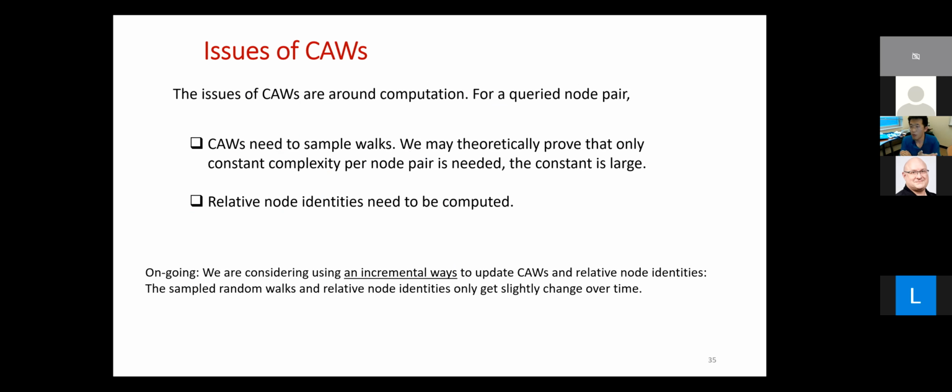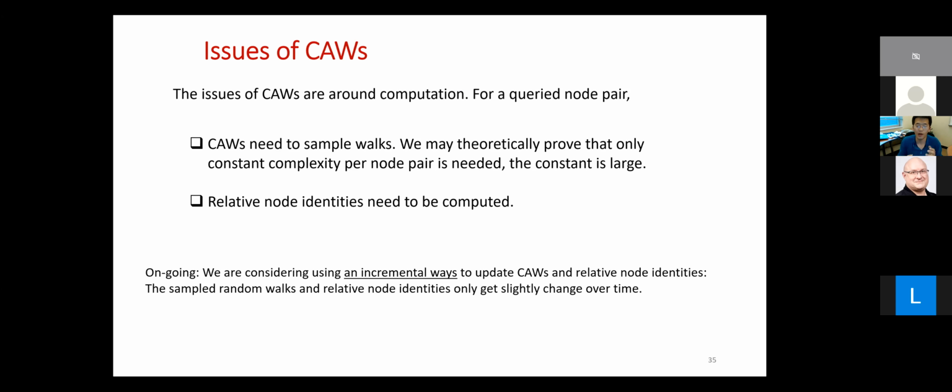Of course, our model is not perfect. Maybe some of you have already been aware of the potential issue of the CAW model. All of the issues we think are regarding its computation. For each queried node pair, the current CAW pipeline needs to sample random walks.